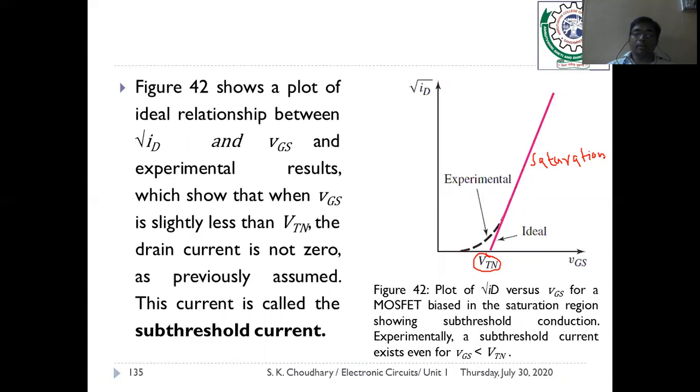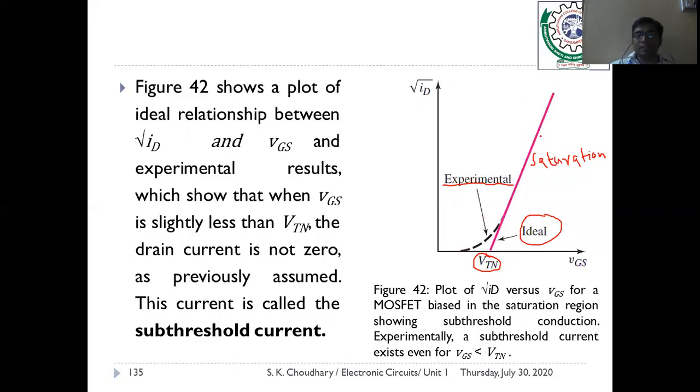This pink line is the ideal characteristic. The dashed line shows the experimental, or actual, characteristic of the MOSFET. Why is there a difference between ideal and experimental? Let us understand it in the reverse manner.